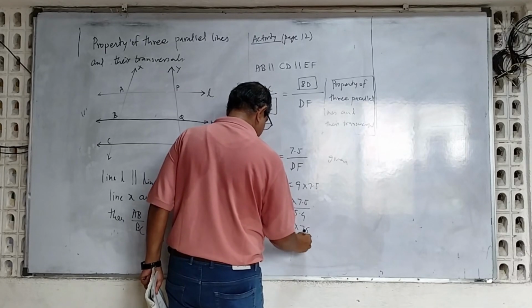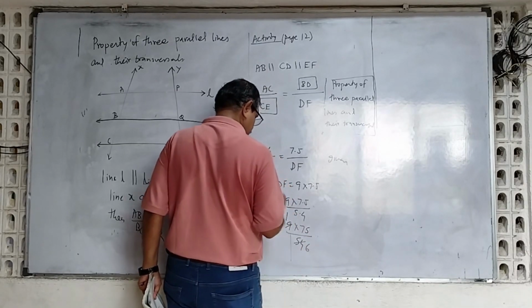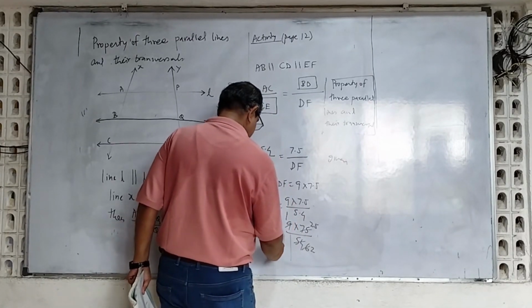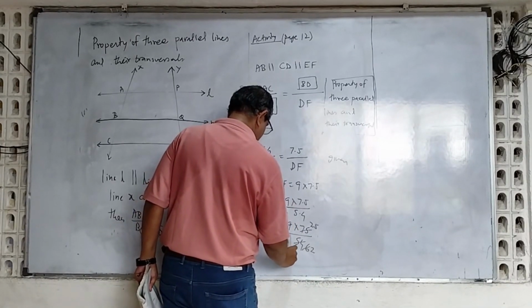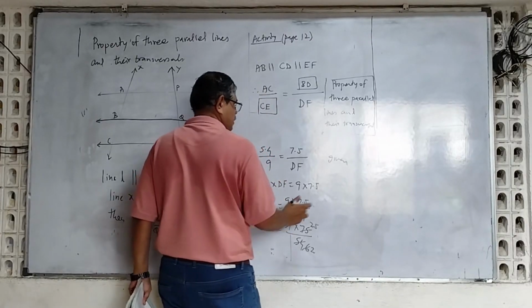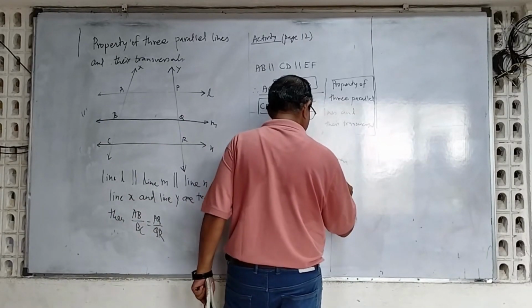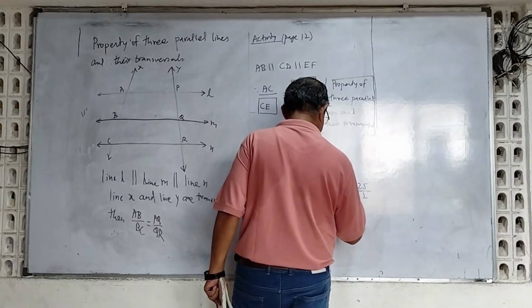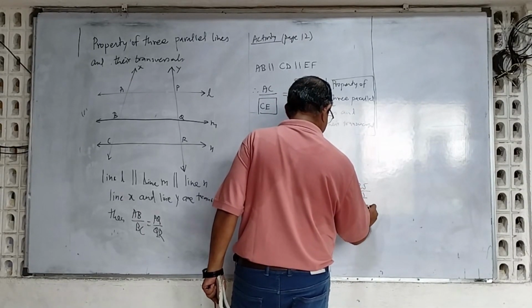So 9 ones are 9, 9 sixes are 54. Then 2 threes. So DF is equal to 25 upon 2. That means DF is 12.5 units.